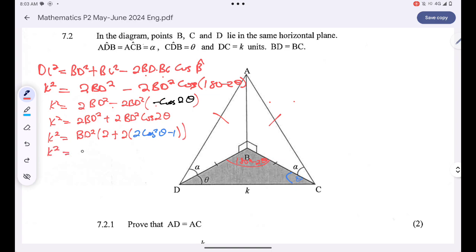So K squared is equal to BD squared multiplied by 2 plus 4 cos squared theta minus 2.